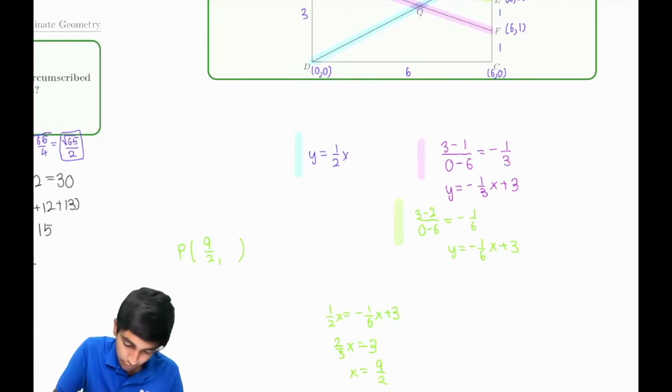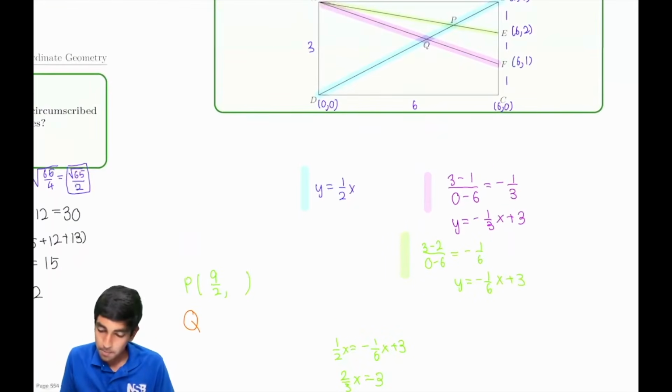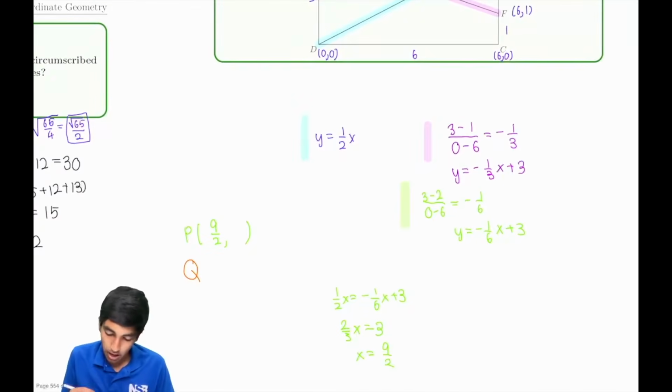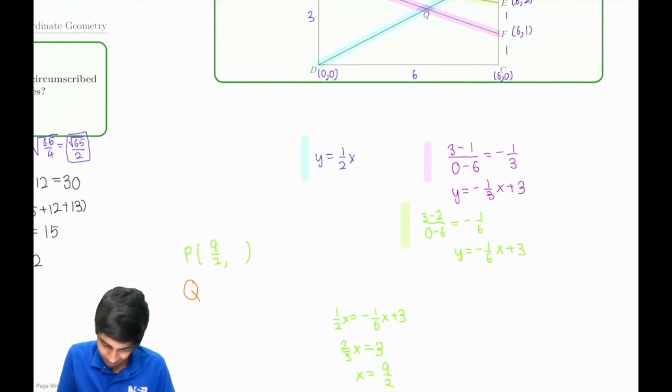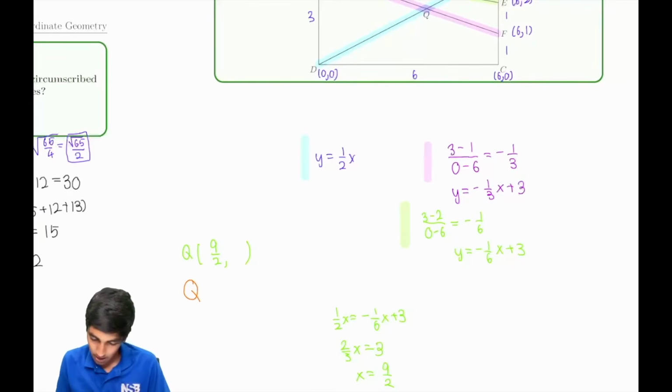Now finally, we find the coordinates of Q, which is a very similar standard process: the intersection of the purple line and the blue line. Oh, it looks like the point I found was actually Q. Oh, never mind.